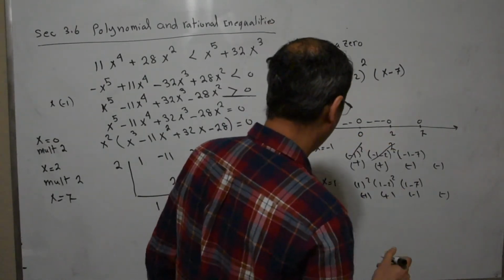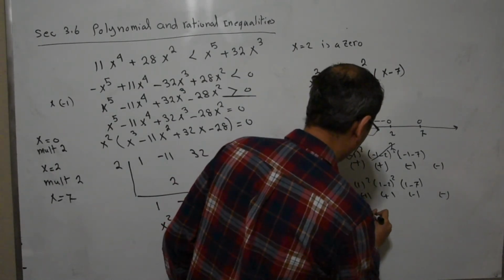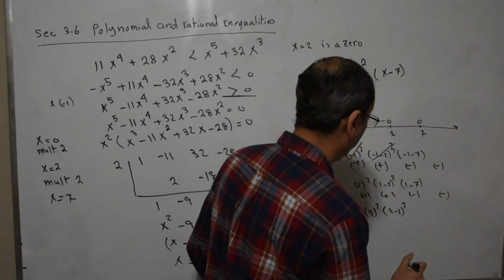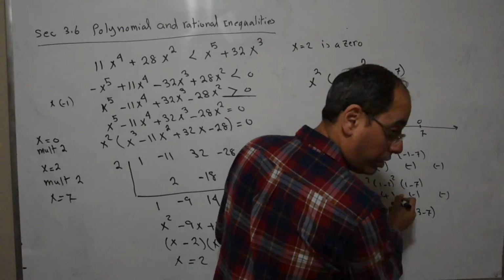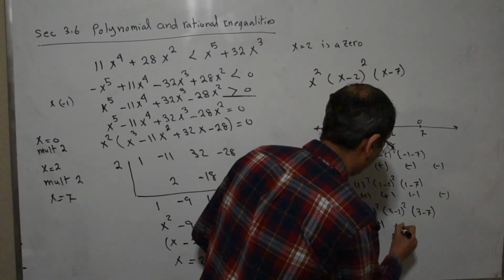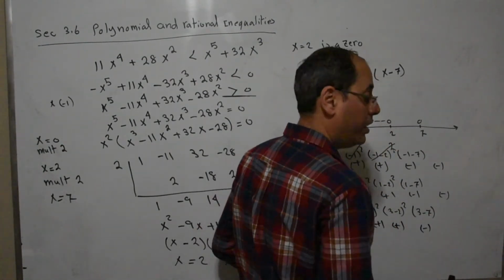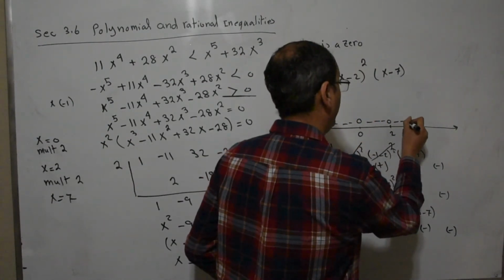Now how about between 2 and 7? Let's pick 3. So I have 3 squared, 3 minus 2 squared, and 3 minus 7. Again, positive and positive because these are squared, and 3 minus 7 is negative 4, so my answer is negative. So negative here too.